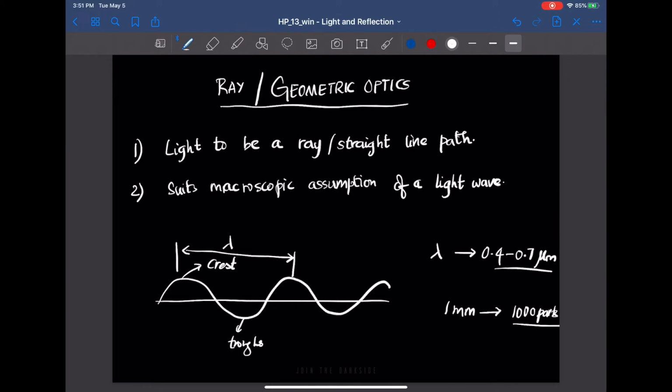Because the wavelength is so small, when you consider a light wave that's continuously rigid like this, in the macroscopic view, if you look at it from far, it generally suits the assumption that it looks like a straight line. Because the amplitude is so small and also the wavelength is so small that the wave in itself is not visible to the human eye.